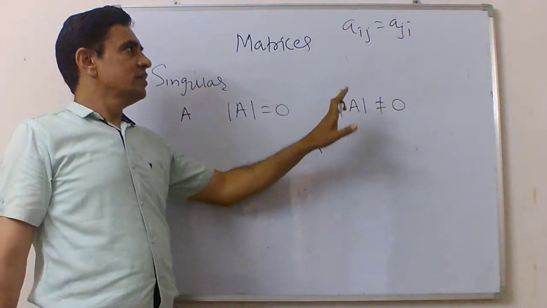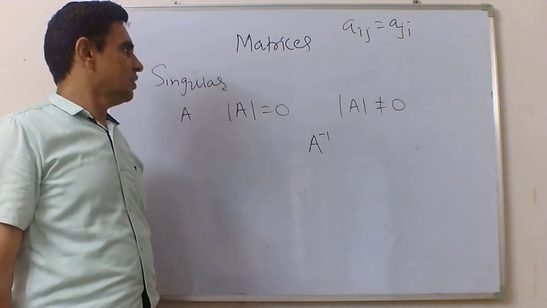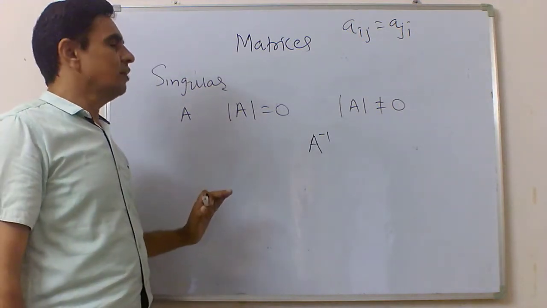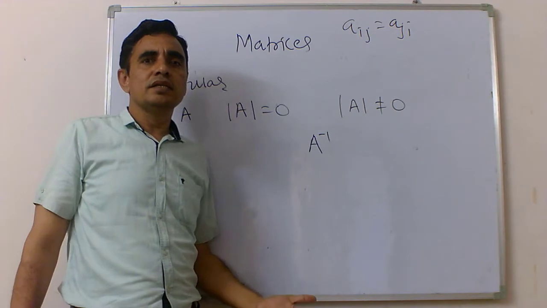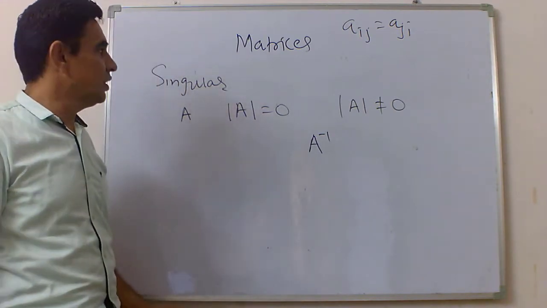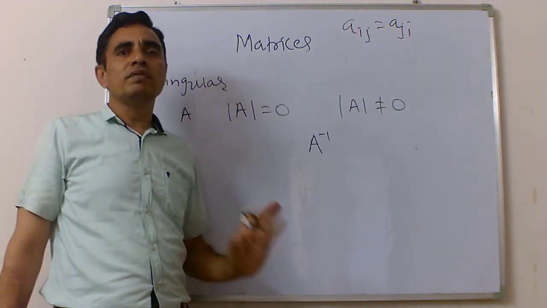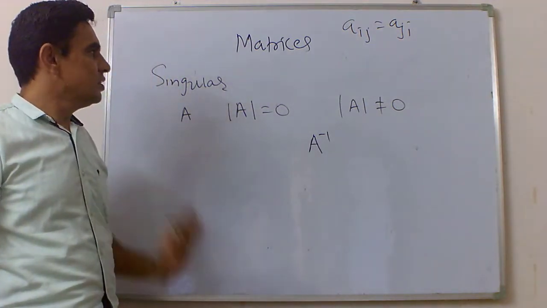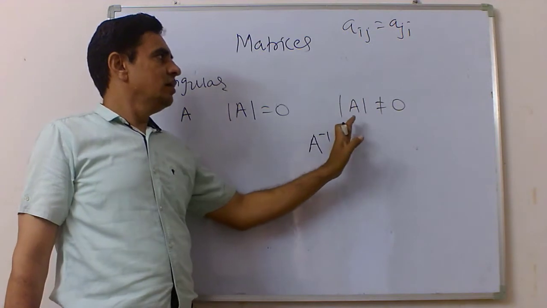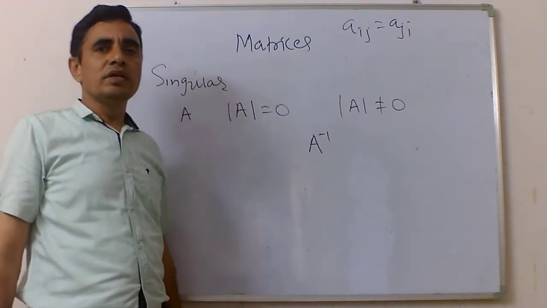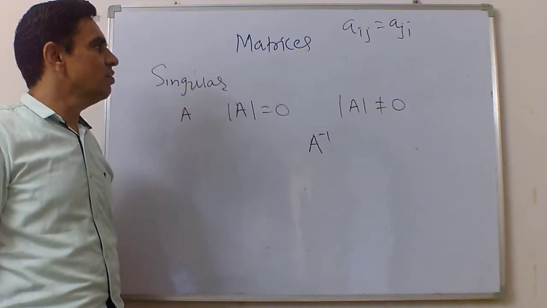If the matrix is non-singular, then it has an inverse. So by using the determinant, we define two matrices, the singular matrix and the non-singular matrix. A square matrix whose determinant value is equal to 0 is singular, and a square matrix whose determinant value is not equal to 0 is non-singular.